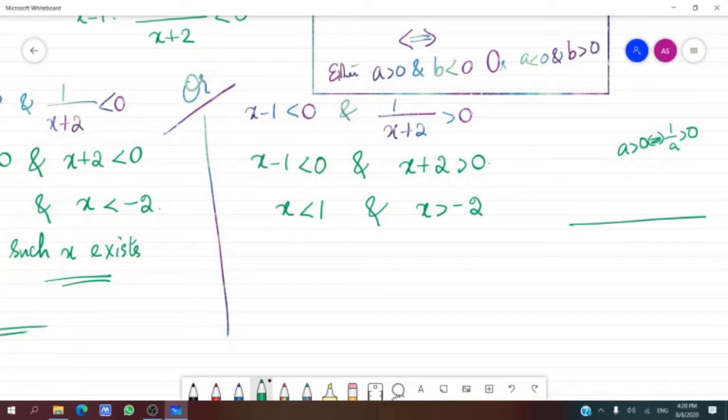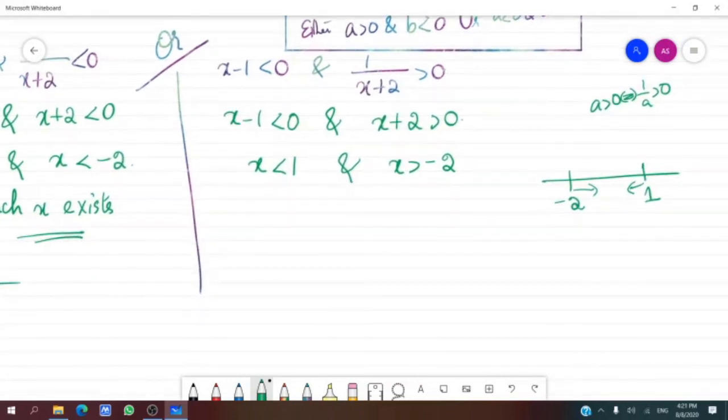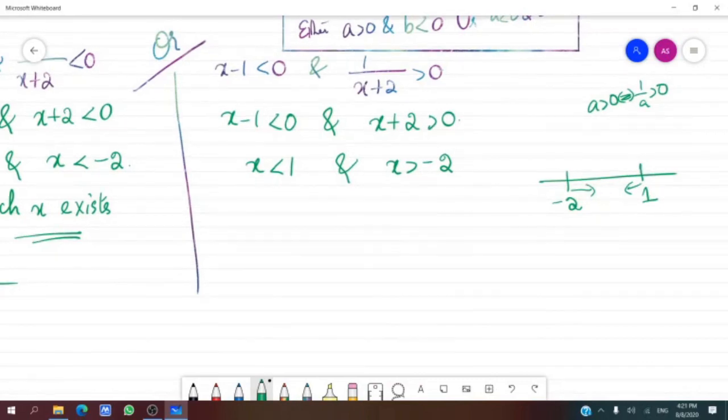So x is less than 1 and x is greater than minus 2. That means x is lying between minus 2 and 1. So this is actually the intersection of the sets. Set of all x in R such that x is less than 1, intersection set of all x in R such that x is greater than minus 2. So this is actually the intersection of these two sets.